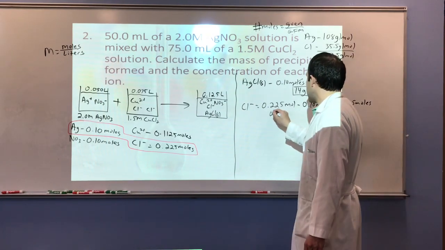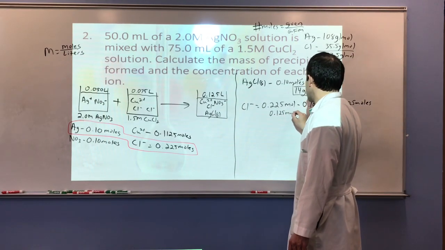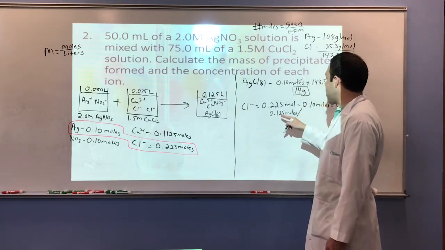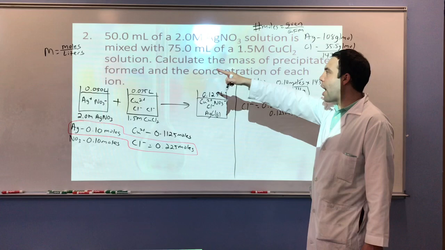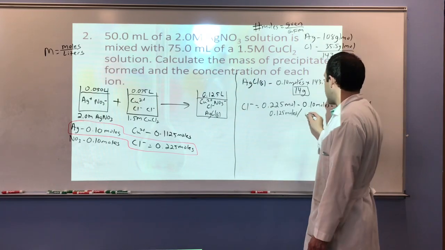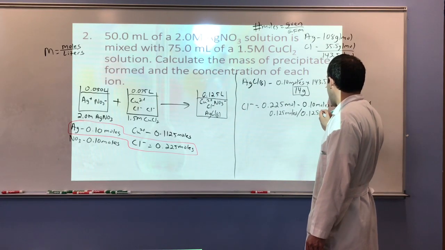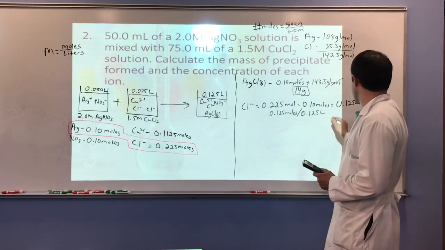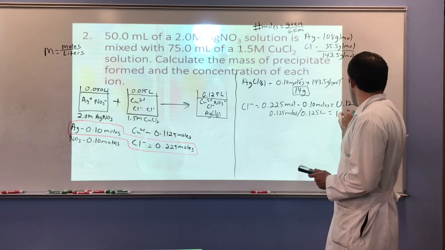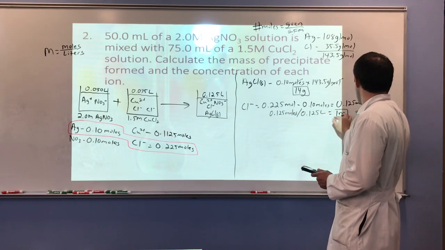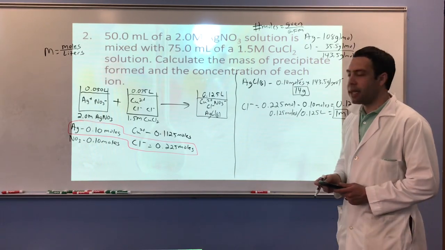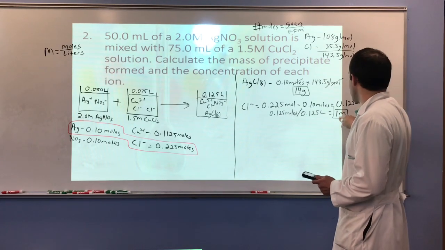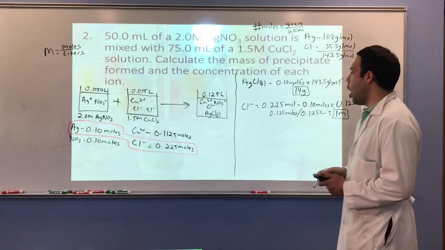Then I take the 0.125 moles and divide it by the volume. Remember, the molarity equals moles divided by liters, so I divide by 0.125 liters, and I have 1 molar solution of Cl minus ions. 0.125 moles divided by 0.125 liters is going to give me a molarity of 1.